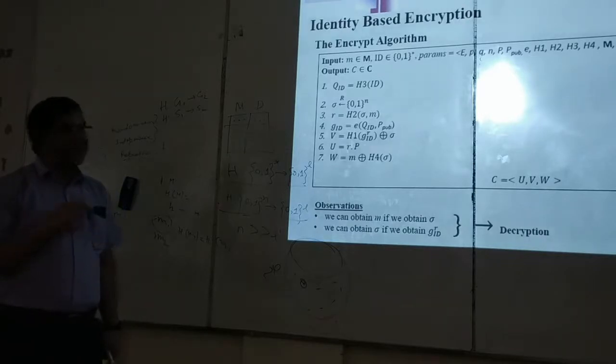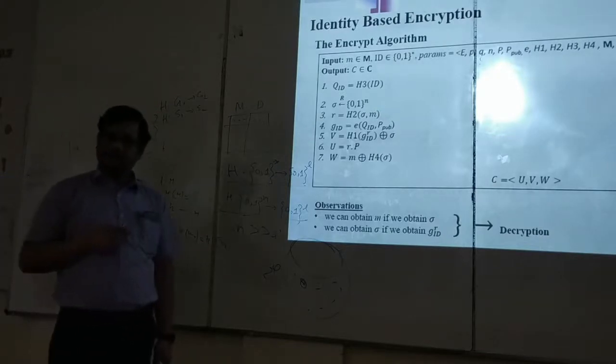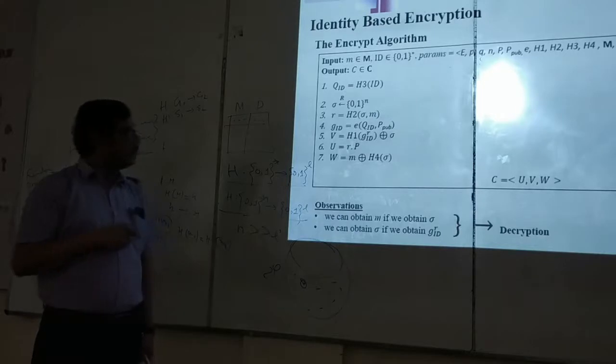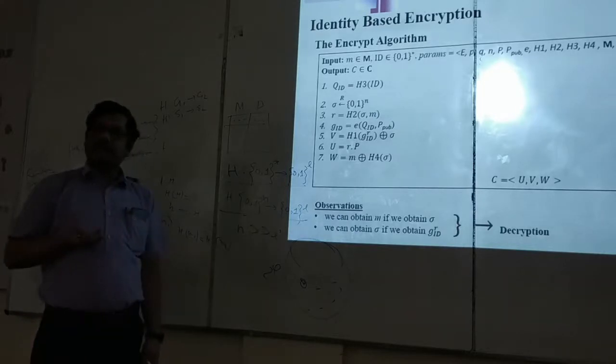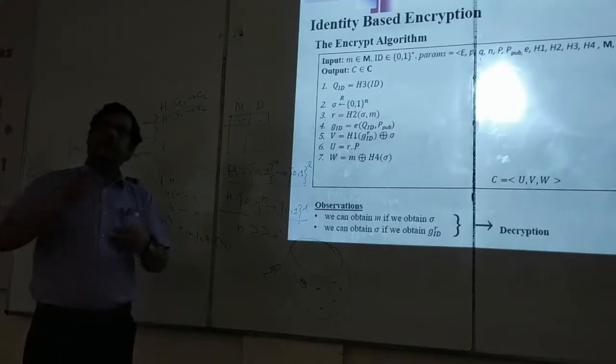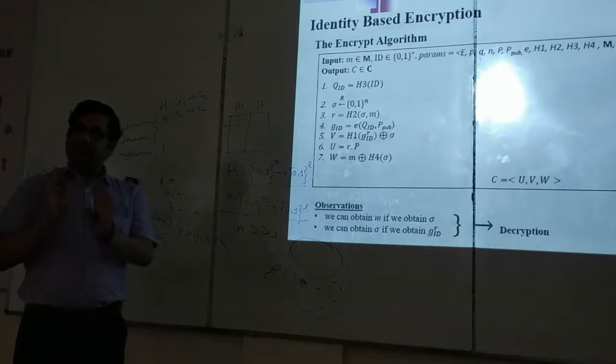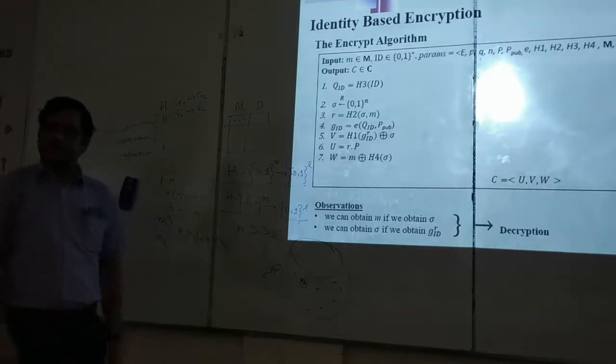With this item. What is the item? H1 of GID power R. Step by step you understand. What is GID? An integer. We have already calculated 1 to p minus 1. What is R? R is also an integer. So integer for integer, modular exponentiation we can do, easy. Modular exponentiation is easy. All the things are mod something, we are not writing that.